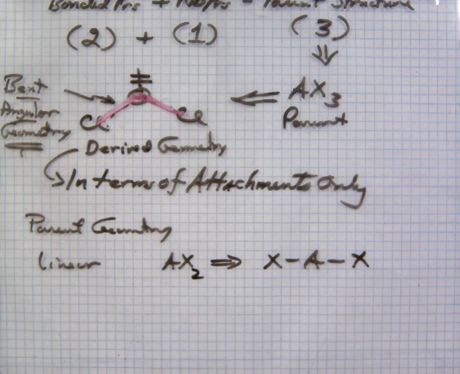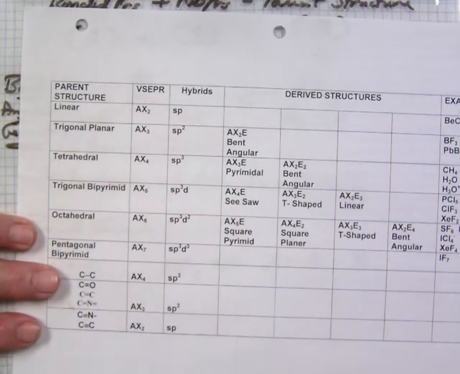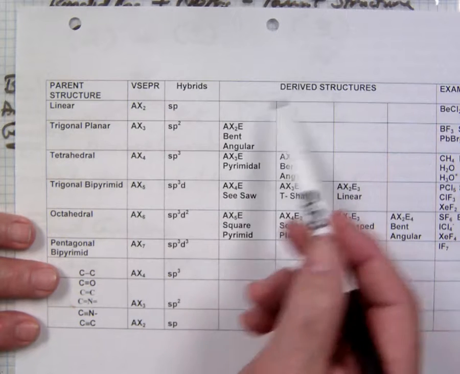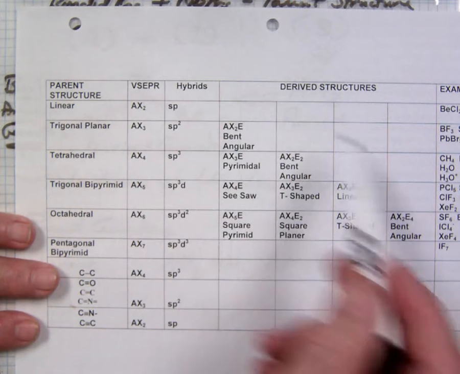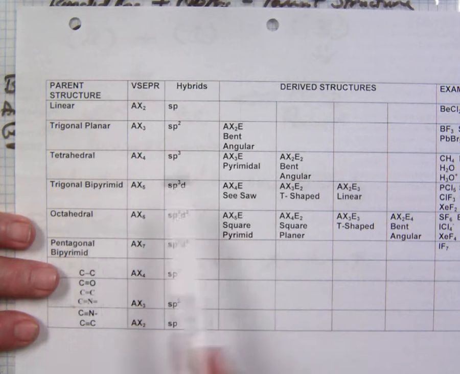If you look at this handout I gave you, you'll see that right here. We haven't gotten to the other geometries, but here are the derived structures. You see there's a bunch of them over here, and these evolve from the parents. Here's the parent structure.